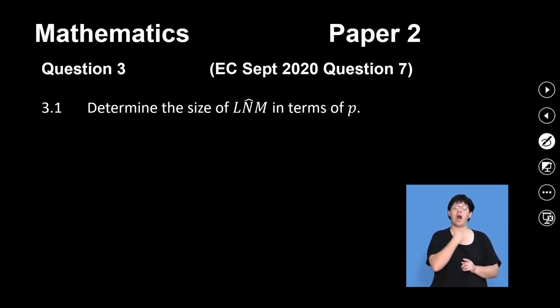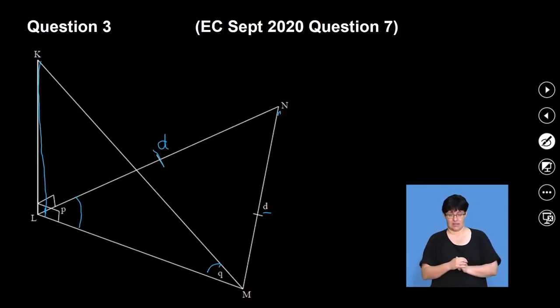Okay, so the first thing we're asked to do is to determine the size of angle LNM in terms of P. Right, so angle LNM is this angle over here, and this often comes up, that we have an isosceles triangle, especially when we need to use the sine rule in trig.